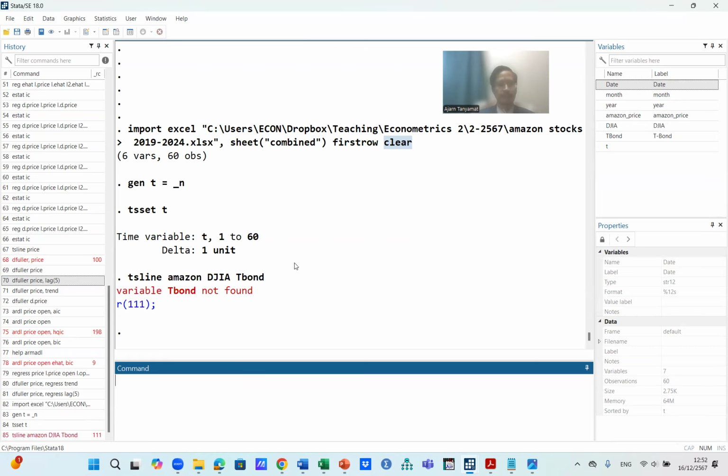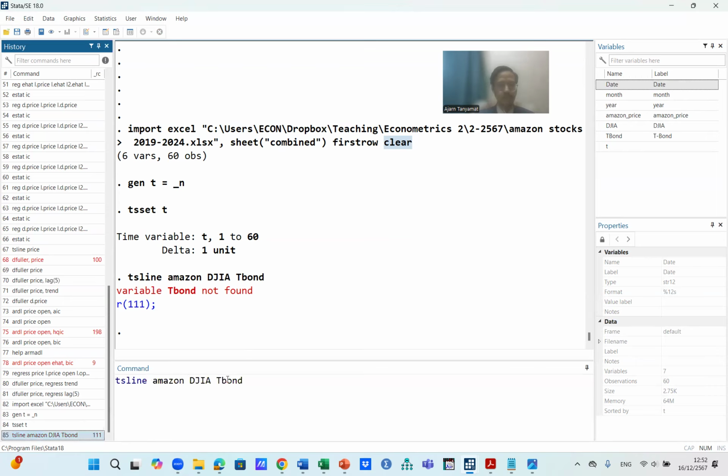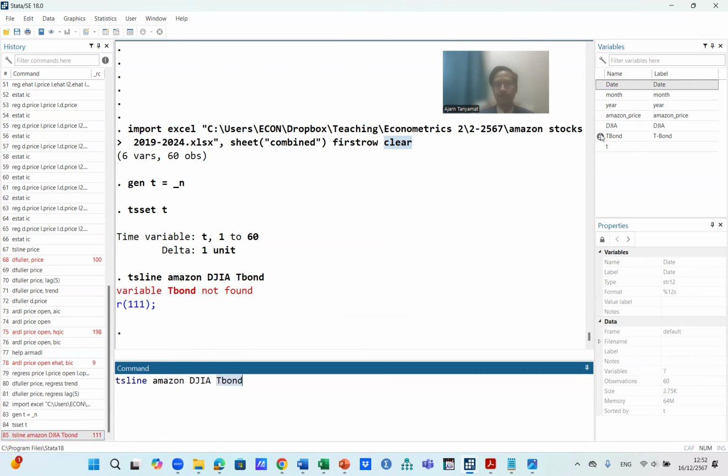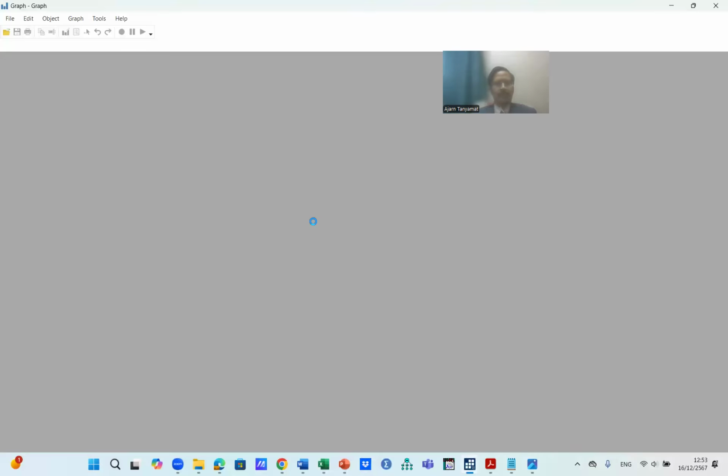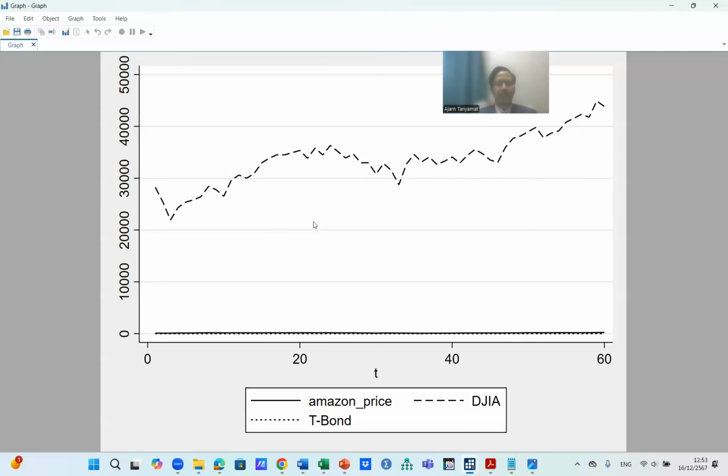If I were to plot this, where's T-bond? Oh, okay, T-bond. See, the capital letter is really important. The B is also capitalized. Okay, if I were to plot this, what I get is I'm only going to see DJIA because it's 28,000. Everything else would be just a straight line. So we don't want to do that.